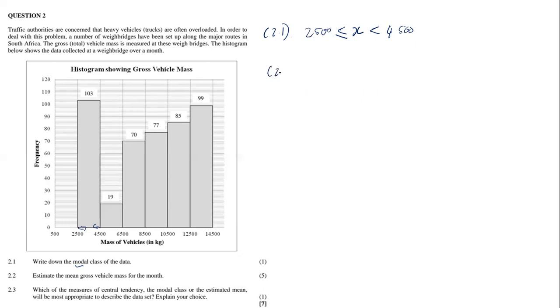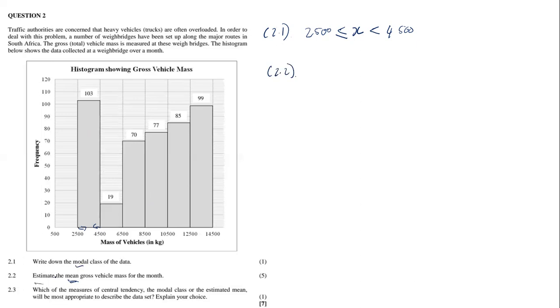Now, to answer question number 2.2, they want us to estimate the mean gross vehicle mass for the month. So this one is going to be a little bit different. It's not going to be the same as the one that we did. How do we determine the mean? I know in the previous question, question number 1, we saw how to determine the mean. We just add the numbers and divide by the total number. So here, it is not the actual mean.